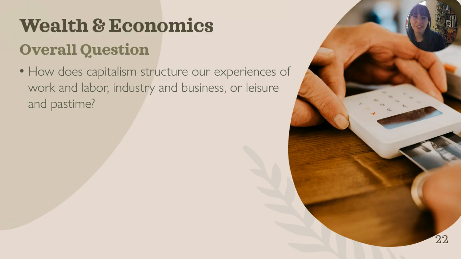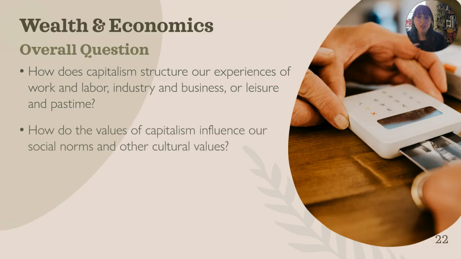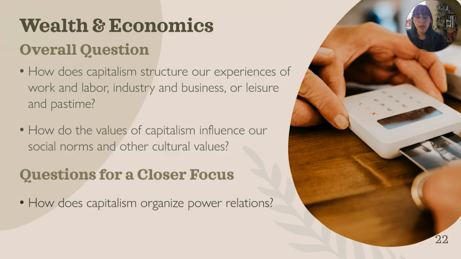Next, wealth and economics. So how does capitalism structure our experiences of work and labor, industry and business, leisure and pastime? How do the values of capitalism, like profit maximization, transaction, etc., influence our social norms or other cultural values?